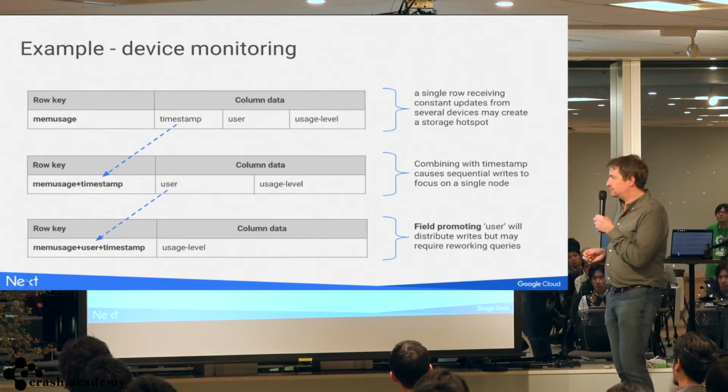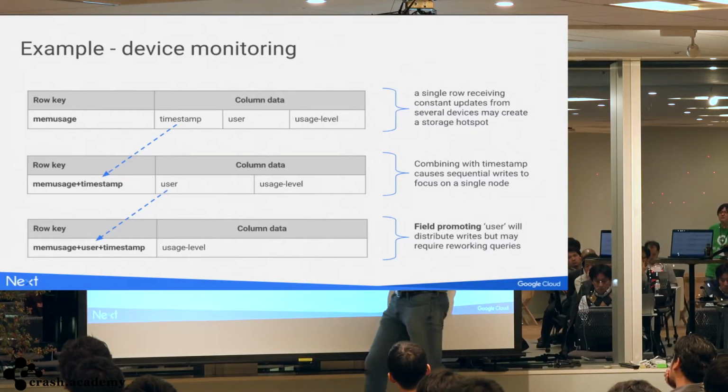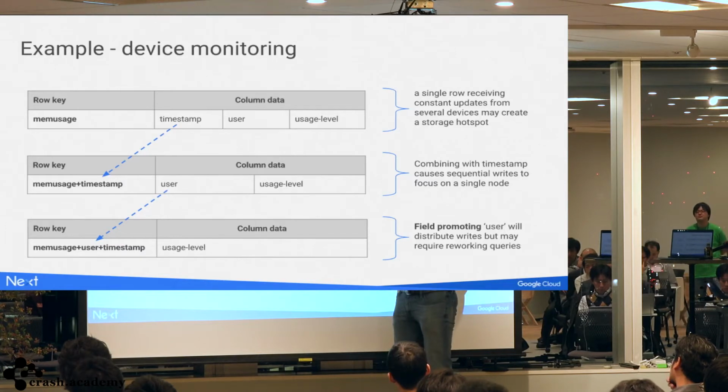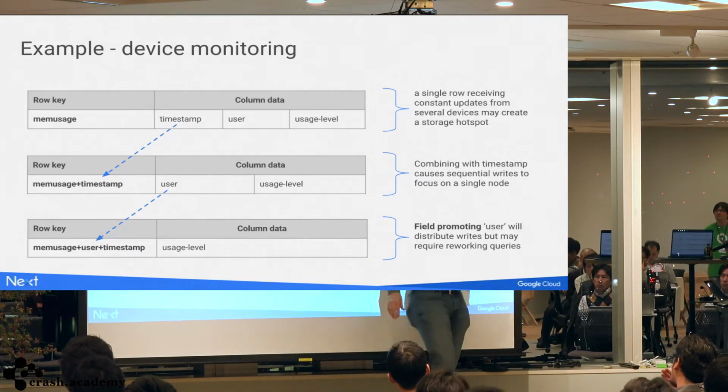So for example, the first example where you're storing data about memory usage is bad because you only have one row.